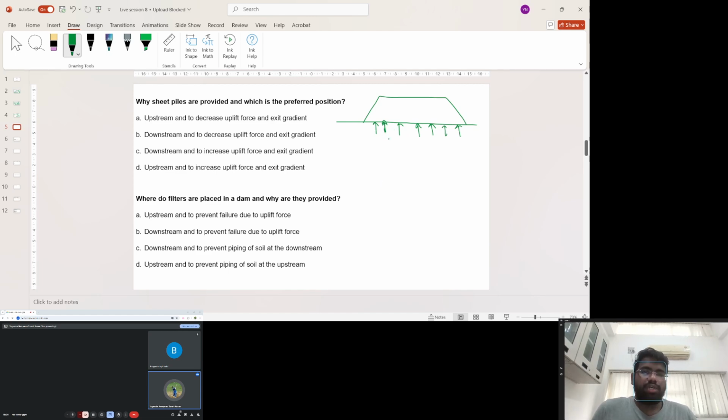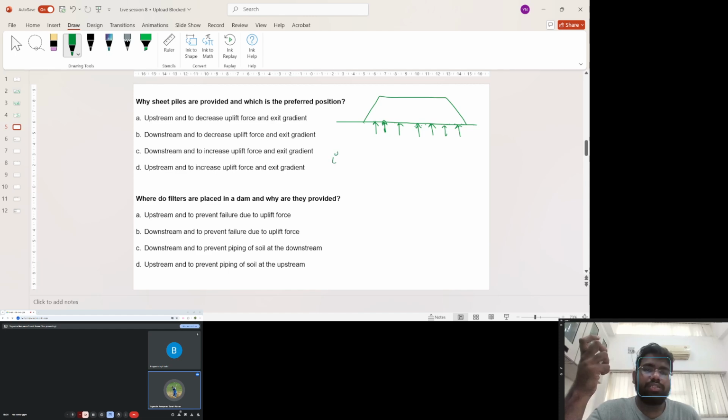Now that depends on the amount of head that is present at each and every point along this surface, right? So along this direction, the uplift force depends on the head of the water that is present at that particular point. So in order to decrease the uplift force, you have to decrease the head. How can you decrease the head?